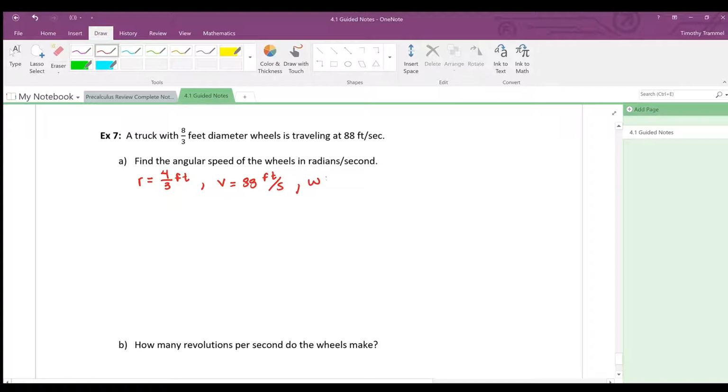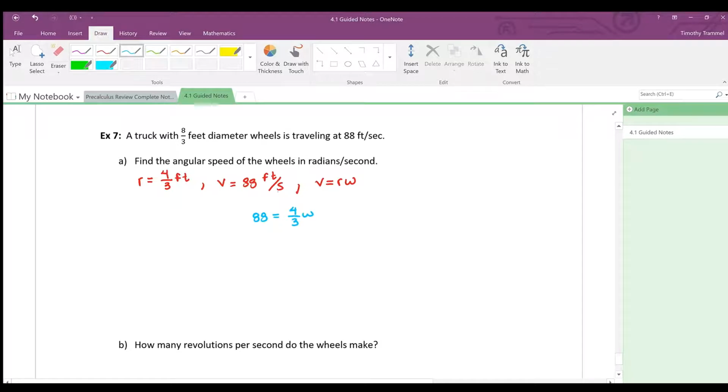And we're in luck because, right, we have a formula here. We have V equals R omega. So we can solve for omega there, our angular speed. Let's go ahead and substitute all this stuff in and solve for omega. So V is 88, R is 4/3, and we don't know omega.